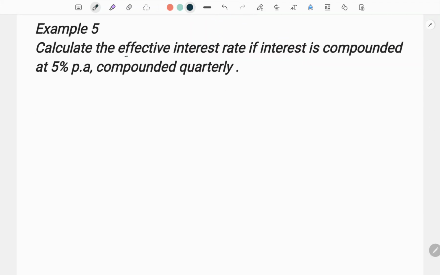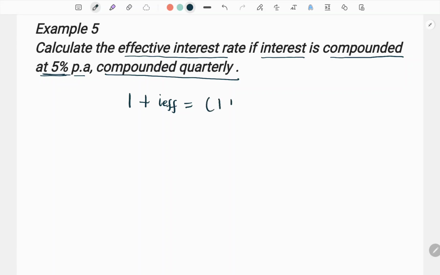Calculate the effective interest rate if the interest is compounded at 5% per annum compounded quarterly. The formula is what? Remember, 1 plus i effective is equal to 1 plus i nominal over m. Then we look for the effective interest rate, so we're going to transpose the 1.